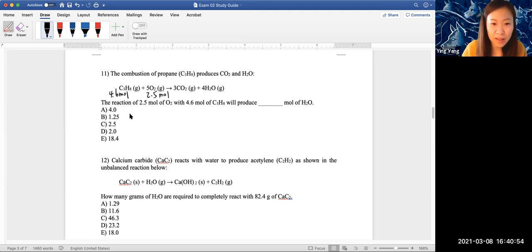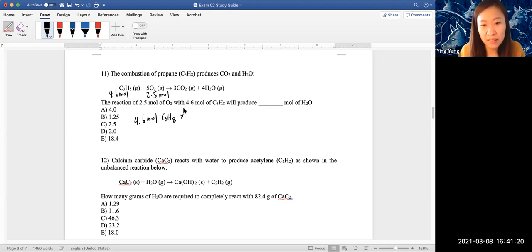Okay, so let's start from the propane. So 4.6 mole of propane is given. And first let's assume that if all of this propane is consumed, how much oxygen will it need? So we start with 4.6 mole of propane.